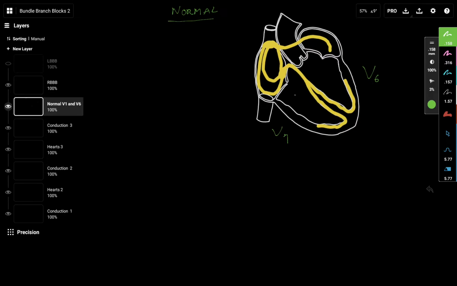So what is the normal conduction? Usually, what's the normal path of my action potential through my bundle branches?